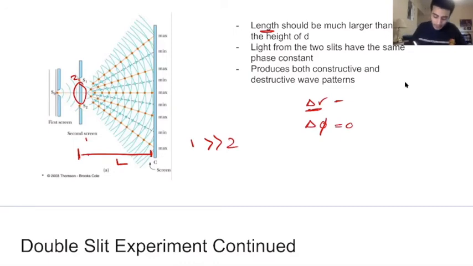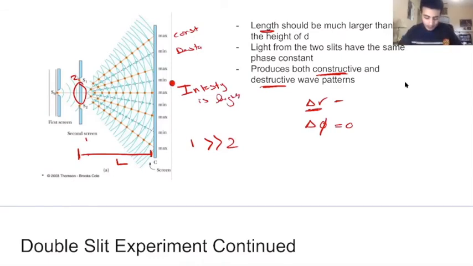And then here we see it produces both constructive and destructive wave patterns. So we see constructive, destructive. This is going to be the most intense, and then there is going to be a gradual decline in intensity as we go up and as we go down.